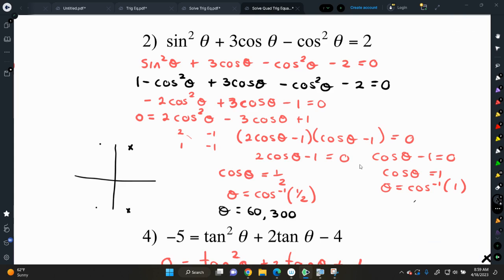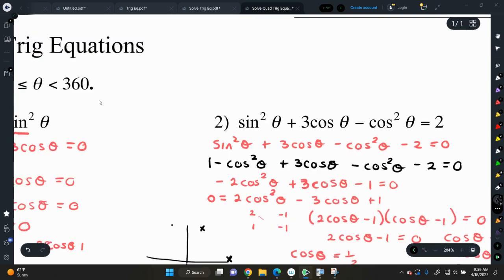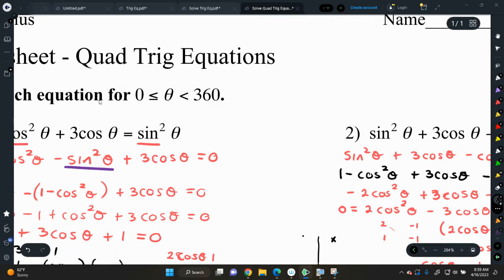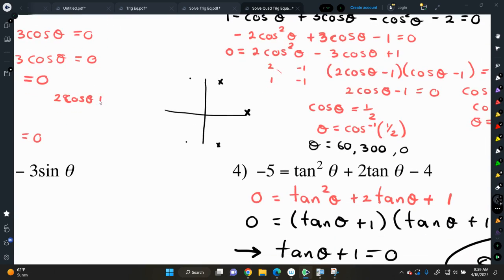And then I have to figure out where the cosine is equal to positive 1, which is right here. And what angle is that? 0 degrees or 360. So if I go back up, I've got to check. Okay, we are not including 360, but we are including 0. So we're going to list that answer as 0 degrees.